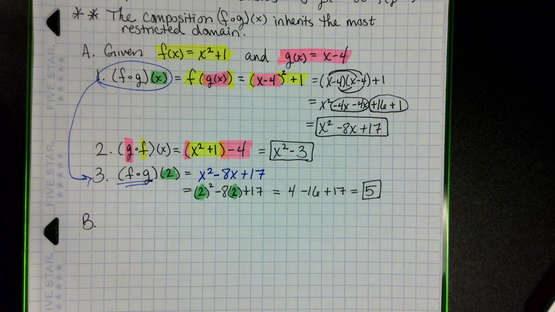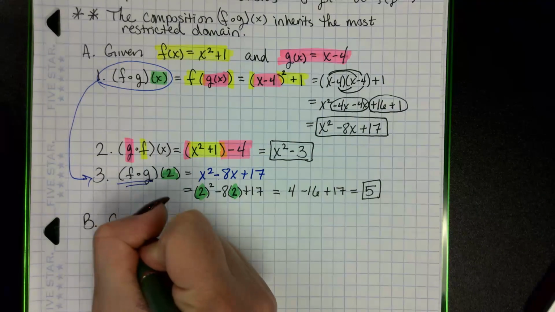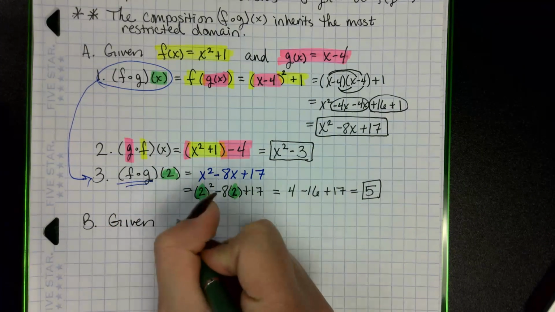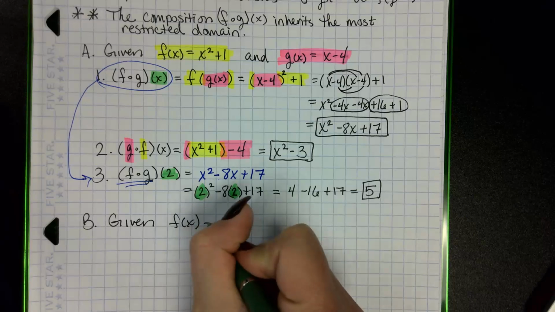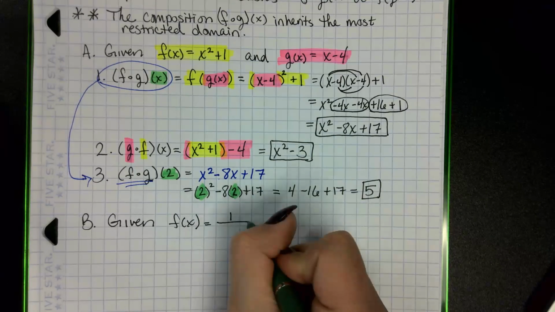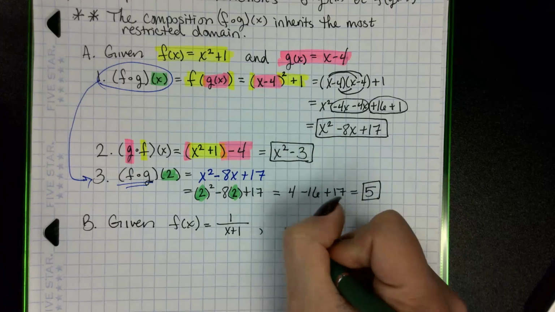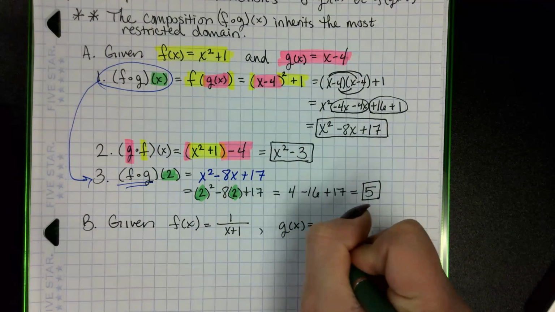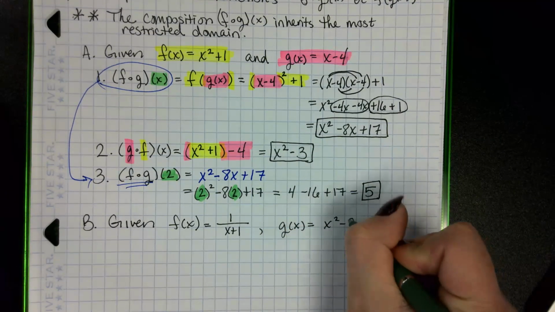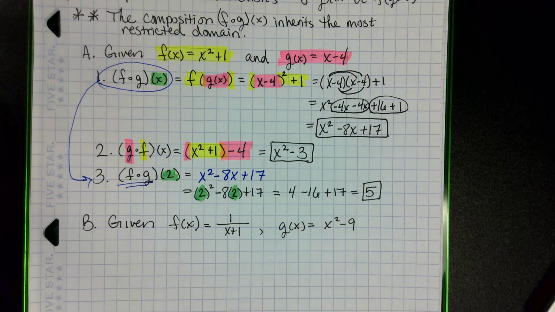So then compositions part B. This time we're going to have f of x equals 1 over x plus 1. And we're going to have g of x be x squared minus 9. So our new f of x and new g of x.